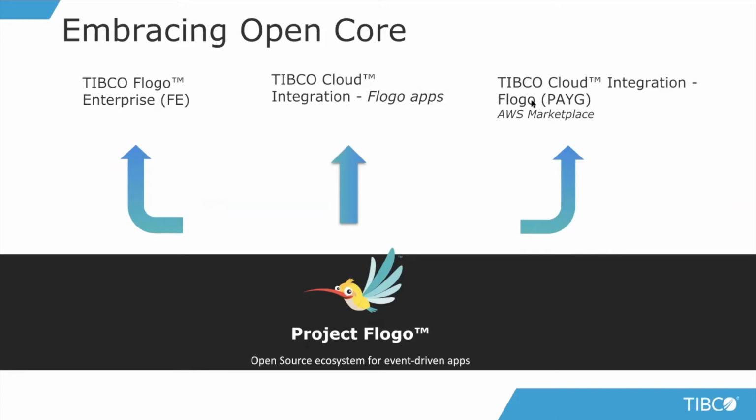We have also launched Flogo on AWS Marketplace for a flexible consumption-based pricing model. All these three variants offer the same functionality. It's just that depending upon how you want to consume Flogo and how you want to deploy Flogo apps, you can choose a specific product offering.